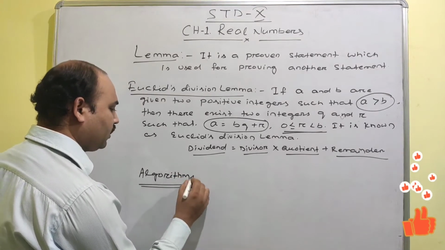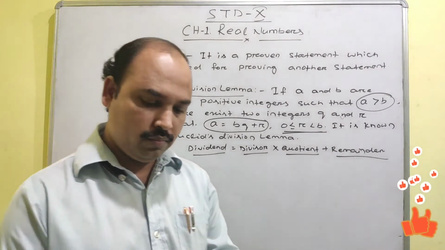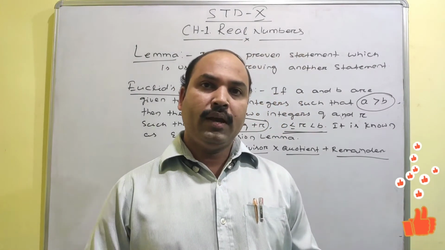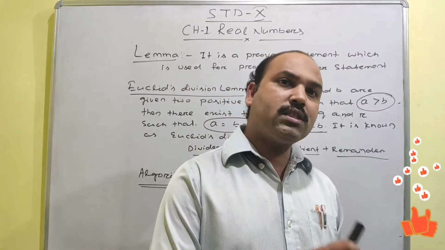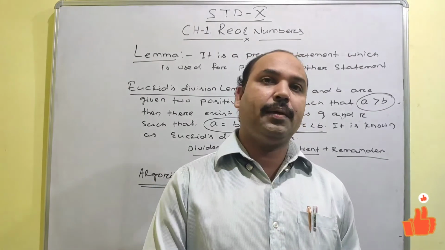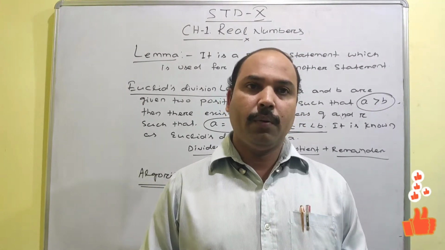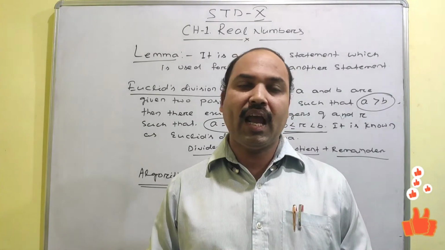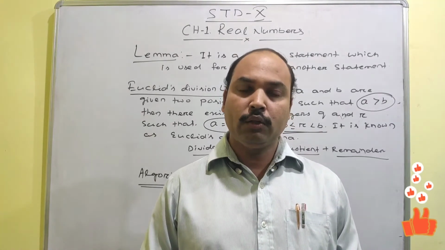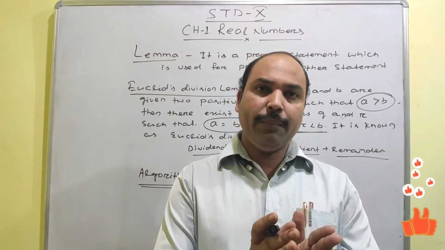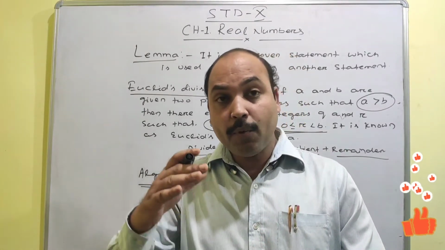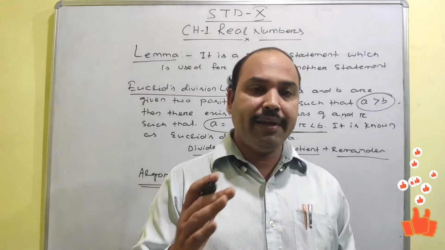Then what is called an algorithm? An algorithm is a series of well-defined steps which provides a procedure for solving a particular type of problem.